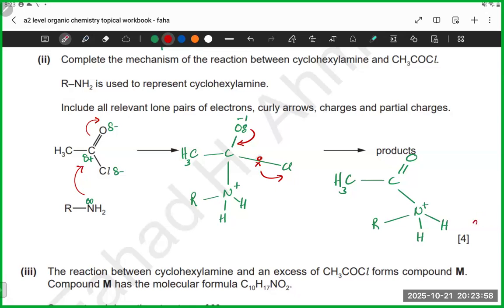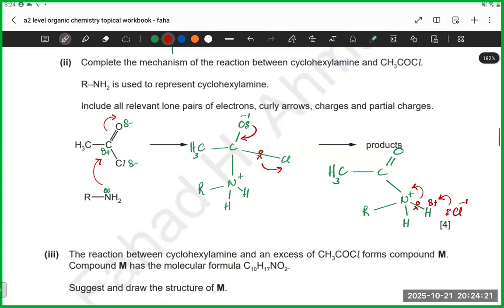And that Cl is going to come back and steal the H. And that H will give the bonded electrons back to N, so N gets its lone pair back again. Because that's the entire mechanism. So I don't think you had to draw the products.